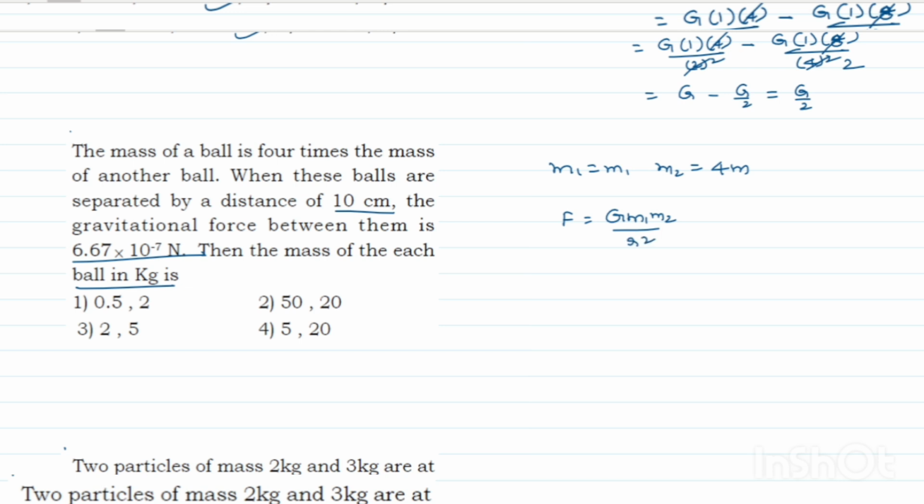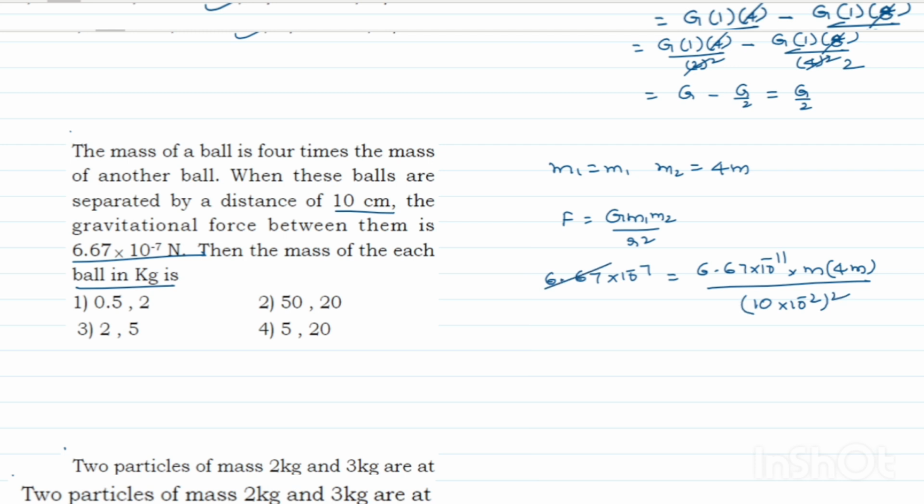The force between them is given as 6.67 into 10 power minus 7 newtons, and G value is 6.67 into 10 power minus 11. Masses are m into 4m, m1 m2 by r square. Distance of separation is 10 centimeter, you have to convert it, whole square.